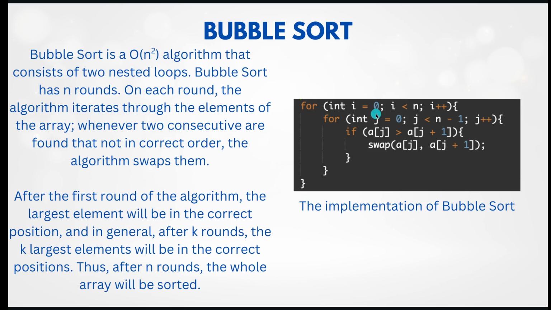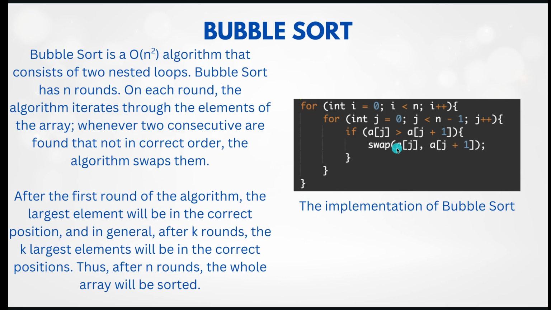We're going to start from index 0 and loop from 0 to n minus 1. And then we have another for loop that iterates through the indexes from 0 to n minus 2.